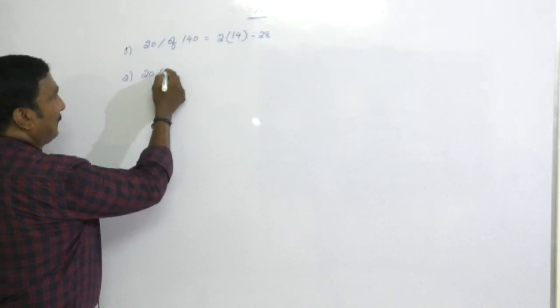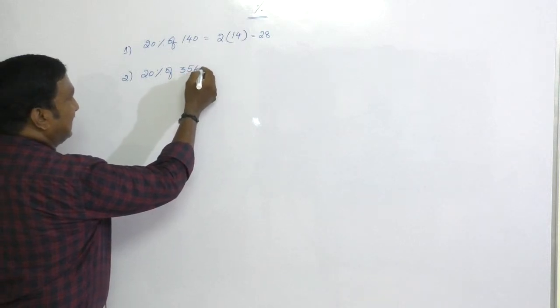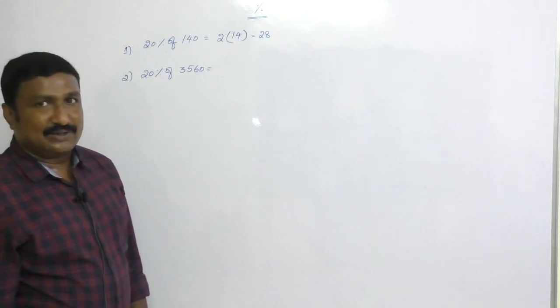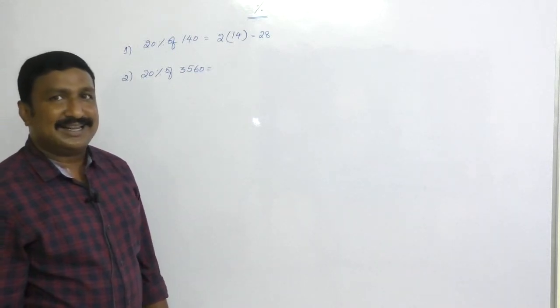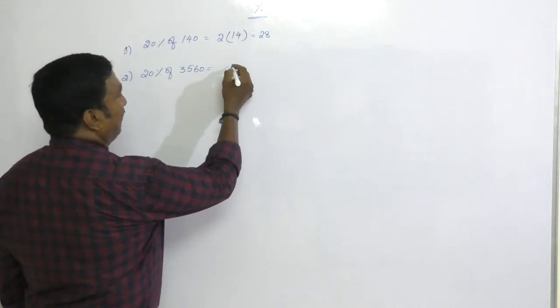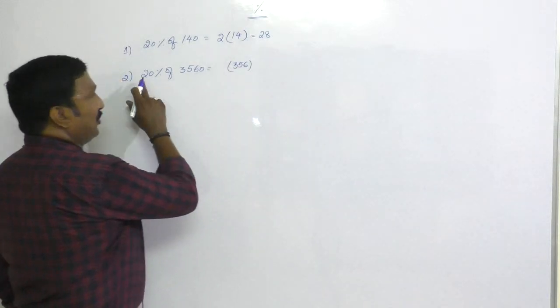Similarly, I will give 2-3 examples. 20% of 3560. So I have to calculate 3560, 20%. First I will calculate the 10%. 10% of this number is nothing but removing the 0, so I have to write 356. Now I have to calculate 20%.